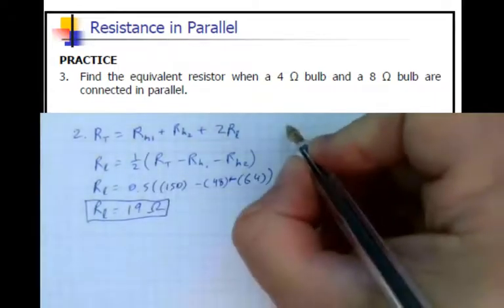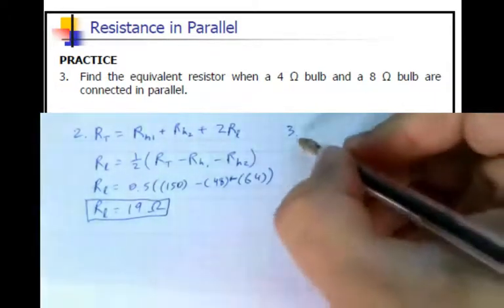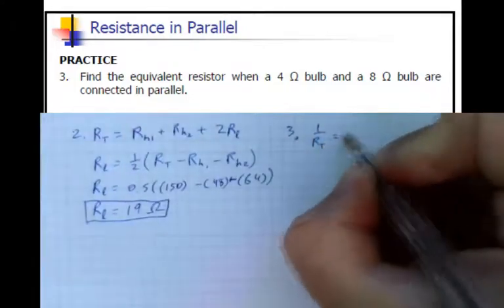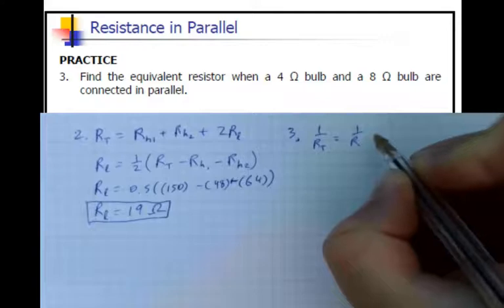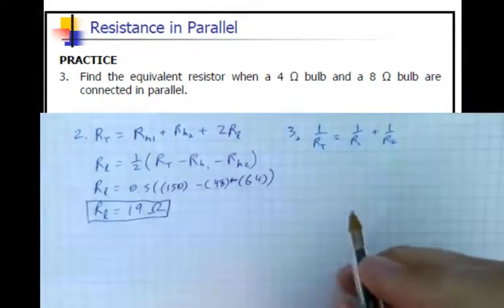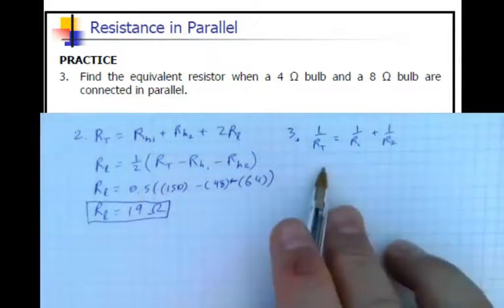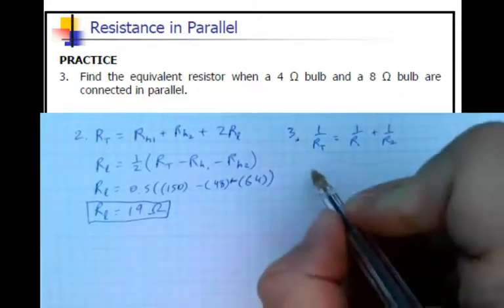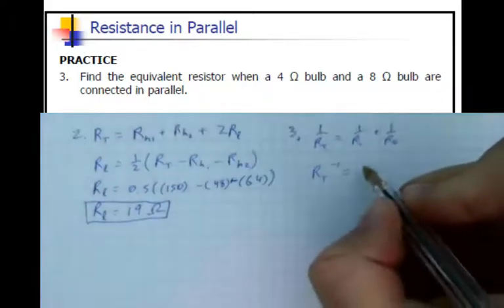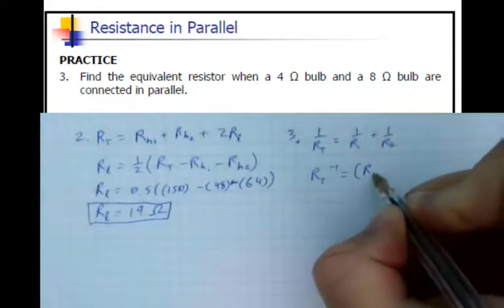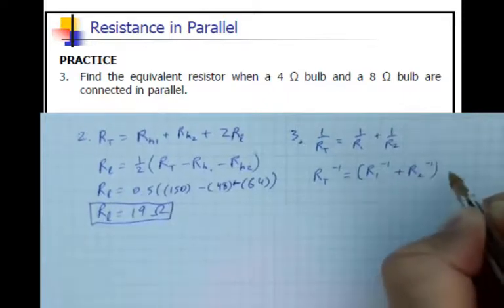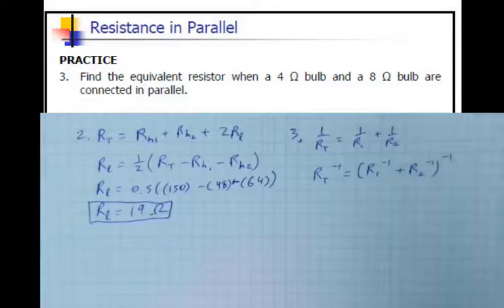Question number 3 here. So what we have is 1 over RT equals 1 over R1 plus 1 over R2. That can be rewritten as RT to the negative 1 is equal to R1 to the negative 1 plus R2 to the negative 1, to the negative 1.